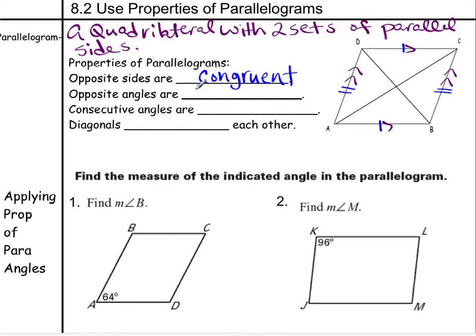Opposite angles are congruent. So this whole angle at A and this whole angle at C, and then the whole angle here at D and at B. Consecutive angles are supplementary.